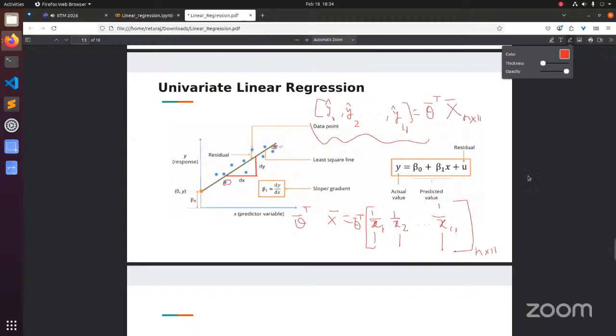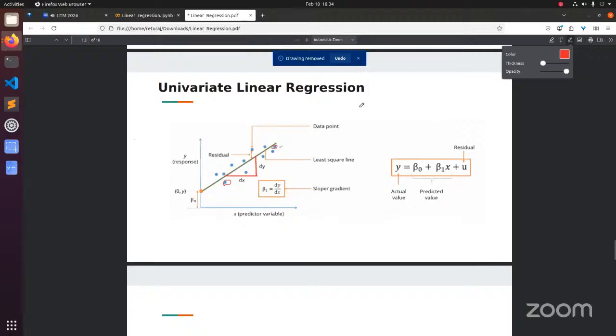Now I will do some mathematical trick. It is simple, just bear with me. It looks better if we have a vector. I want to write in the form Ax equals b, where b is a vector, A is a matrix, and x is a vector. We did linear algebra, right? So let's rewrite this: X into theta is equal to y hat prediction.